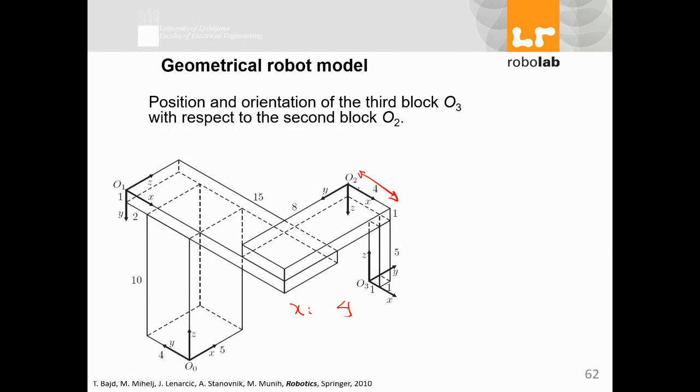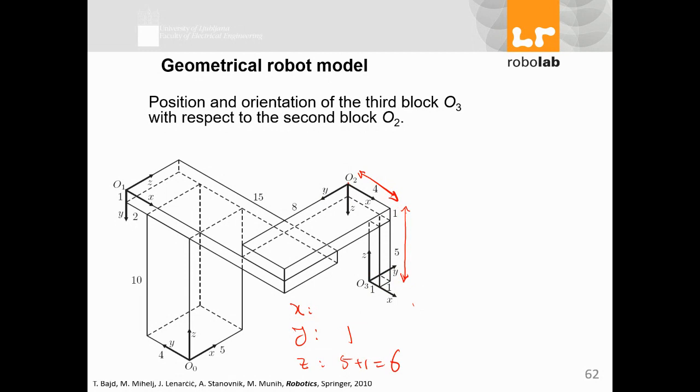In direction of y, here, can you see this? 1 by 1, okay, means in direction of y I have positive 1. And for z I have from here to here, which is 5 plus 1. For z is 5 plus 1, which is 6.